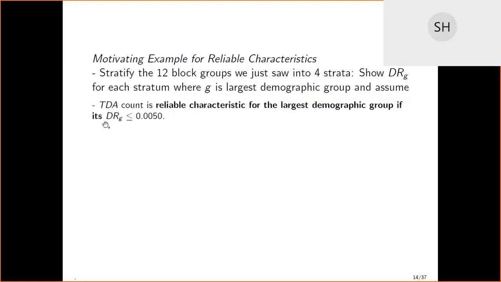The criterion that we implement here, for this illustration, is that the difference in ratios for the largest demographic group is going to be less than or equal to 0.005.